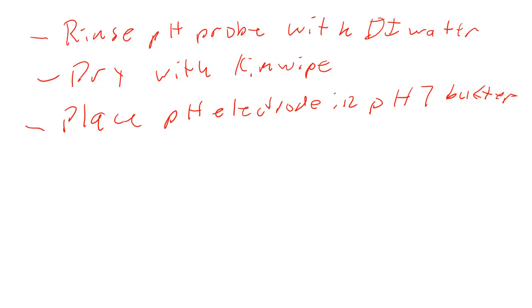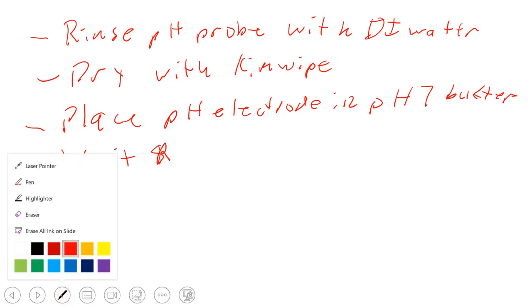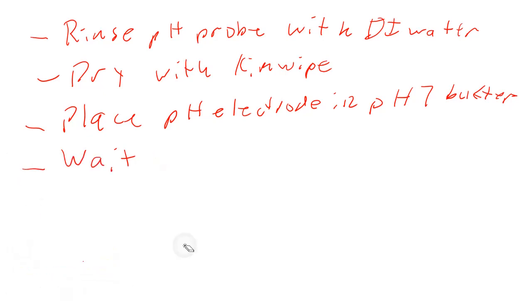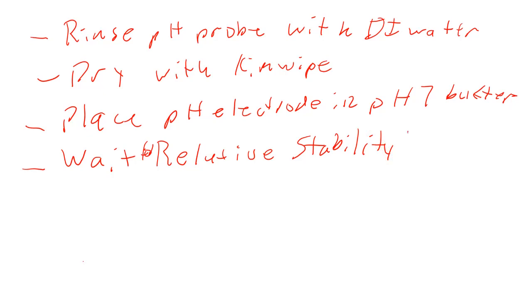And again, you're going to wait for that relative stability reference to stabilize. Because if it doesn't stabilize this time, then what's going to happen is you essentially will have just told it that there is no difference between a pH 4 and a pH 7 buffer. And that's going to really mess with your measurements when you try to measure the pH of your solutions.